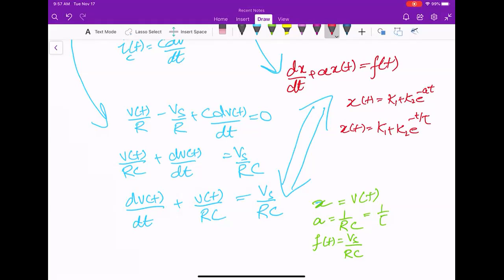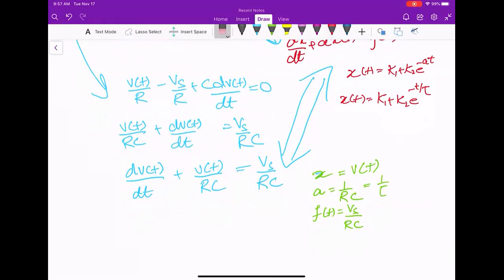And if I write the same solution here, that would become this. Am I right about this?